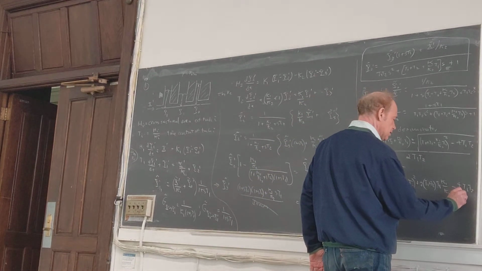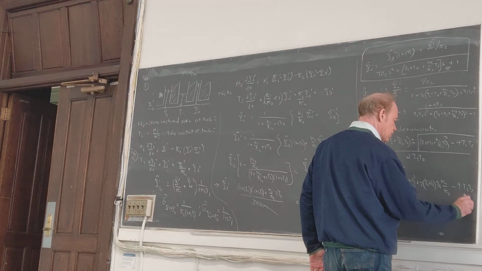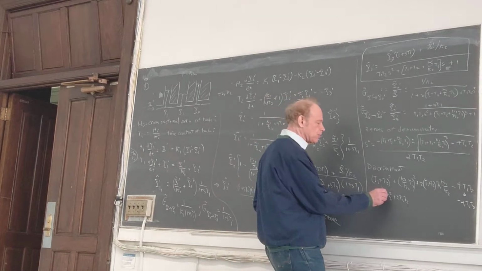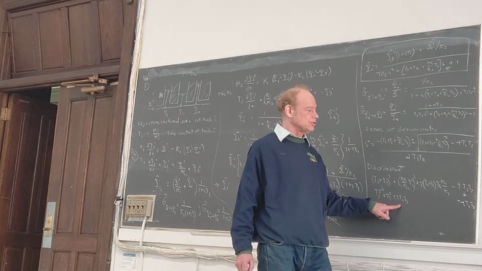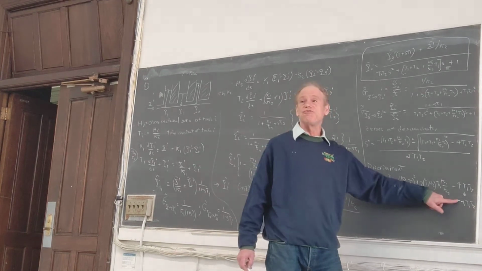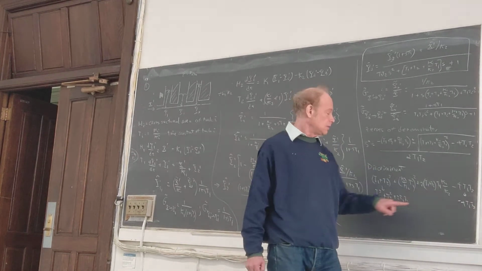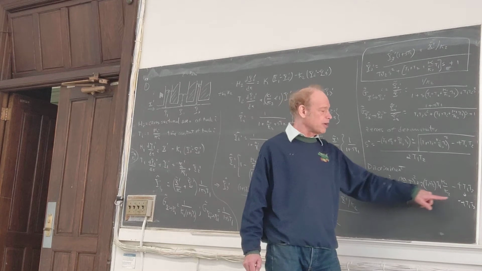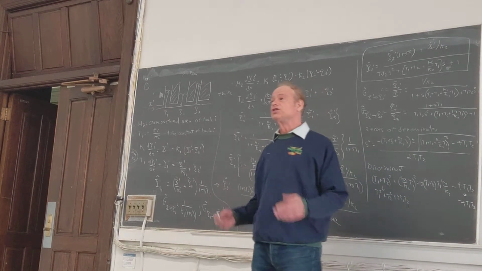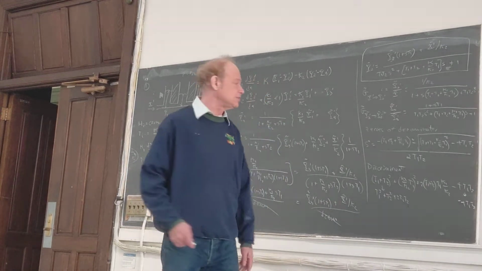And this thing is minus 4T1 T2. So I have T1 squared plus T2 squared plus 2T1 T2 minus 4T1 T2. 2 minus 4 is minus 2. T1 squared plus T2 squared minus 2T1 T2 is just T1 minus T2 quantity squared.